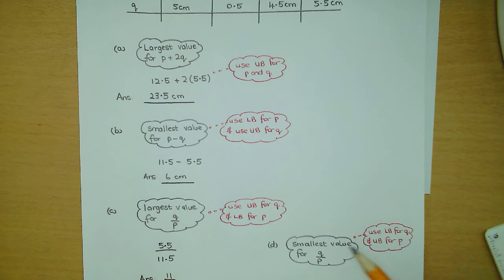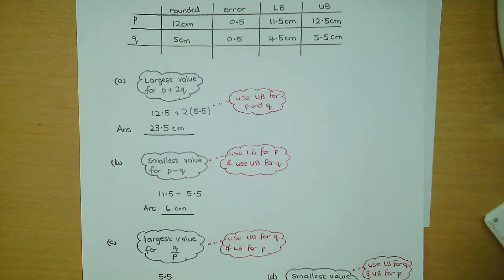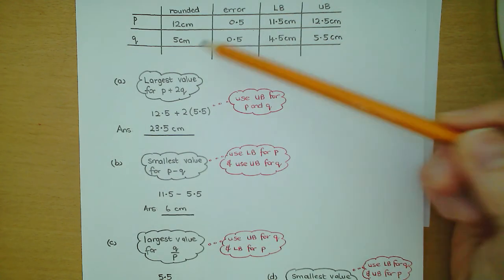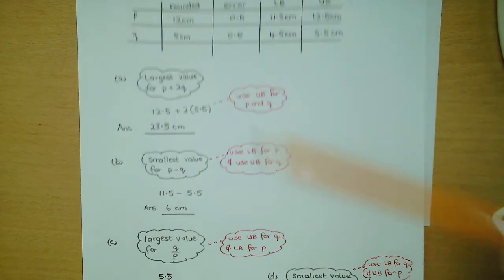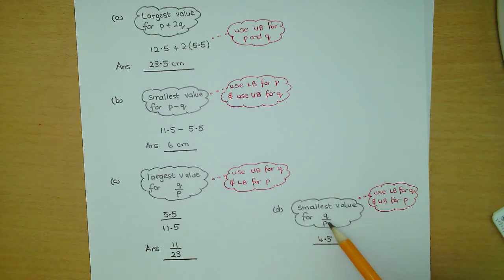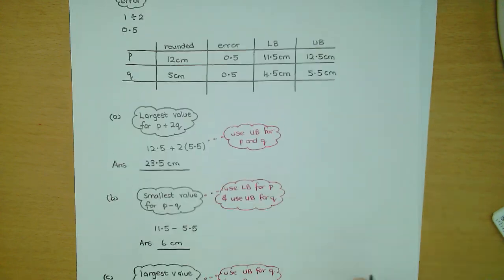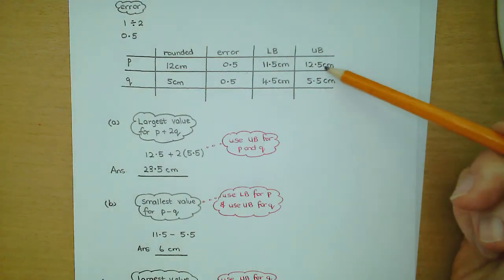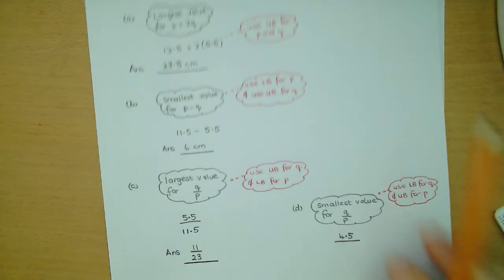So if we go back to your table then, lower bound for Q is 4.5, and that's being divided by the upper bound for P. So go back to the table, upper bound for P is 12.5.